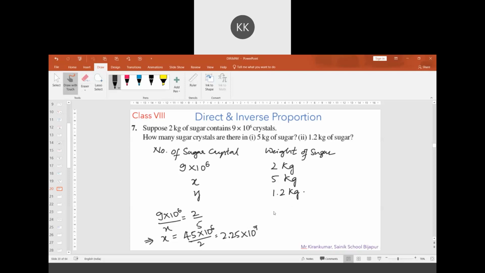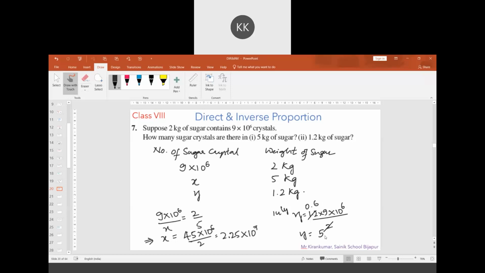Similarly, Y will be equal to, we have to cross multiply this 1.2 with 9 times 10 to the power of 6 divided by 2. 0.6 times 9 is 5.4.